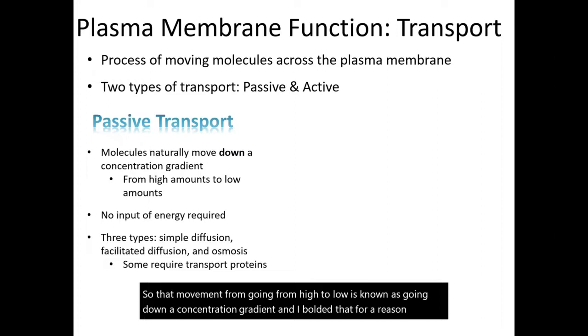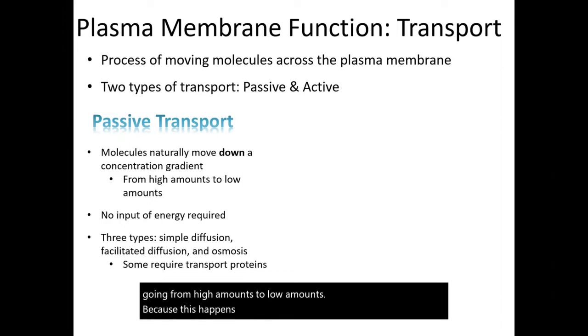You're going to want to remember that moving down a concentration gradient means going from high amounts to low amounts. Because this happens naturally, no extra energy is required. Things will just naturally go to where there's less of something available. We're going to talk about three types of passive transport: simple diffusion, facilitated diffusion, and osmosis.